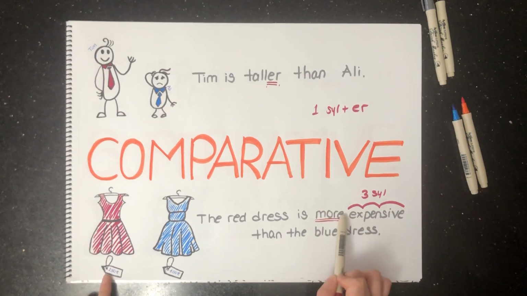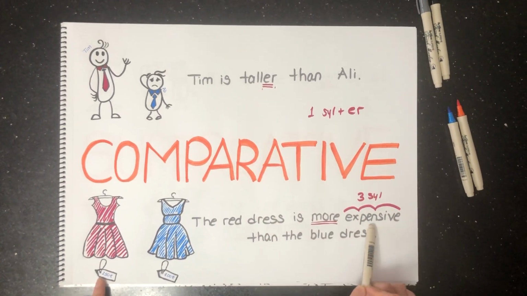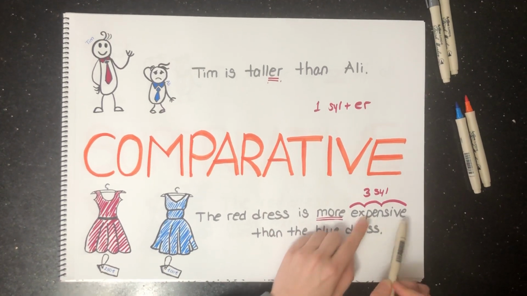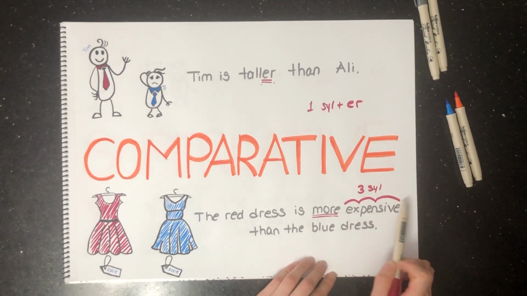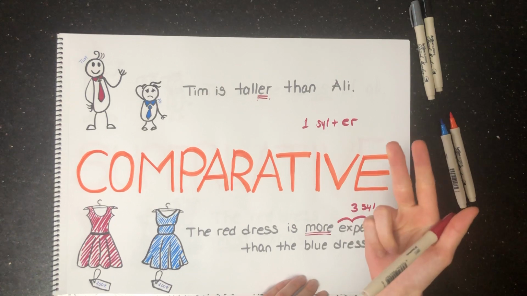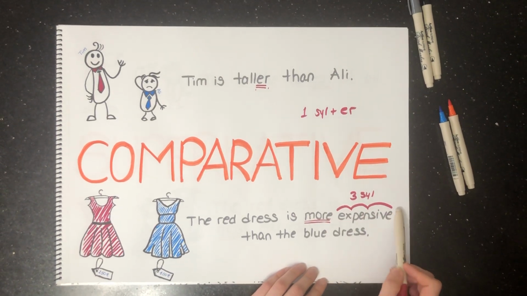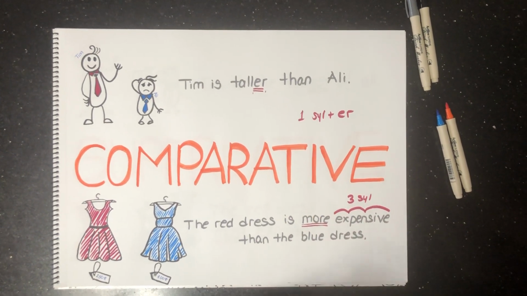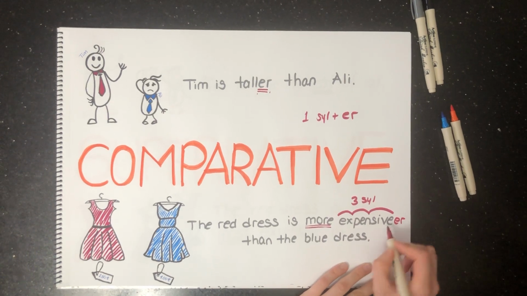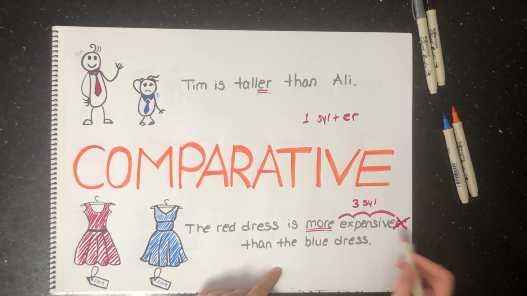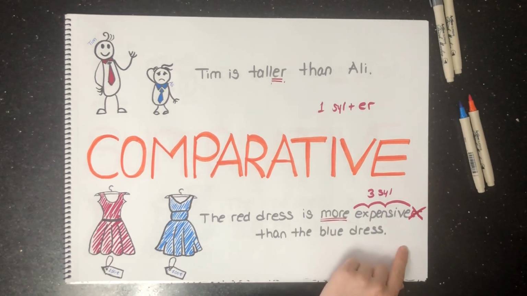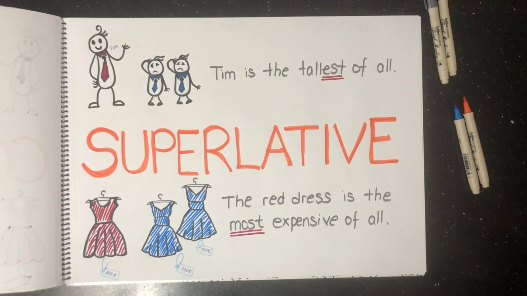Why did we use more and not ER? Because expensive has three syllables. 1, 2, 3. Expensive. So we don't add ER, we add more. Don't add ER in front of words which have more than one syllable. No ER. Let's look at the next page.